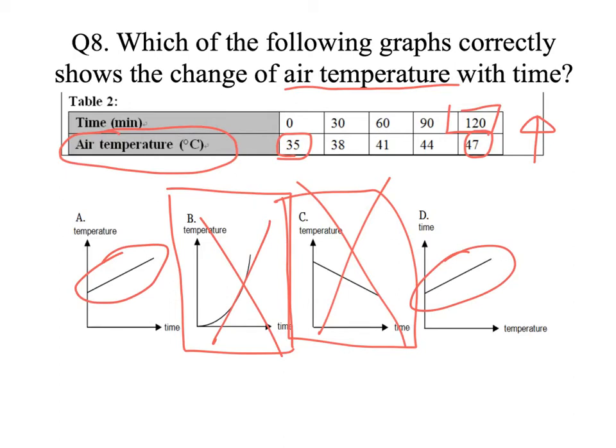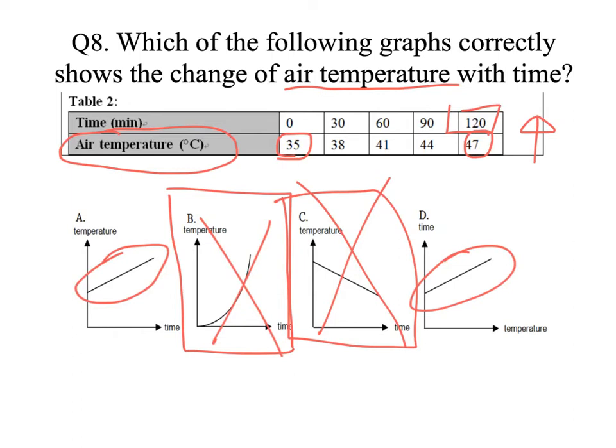But the main difference between A and D, can you find, is about the x-axis and the y-axis. For A, the x-axis is time and the y-axis is the temperature. And then for D, the x-axis is temperature and the y-axis is time. That means they're in a reverse order.